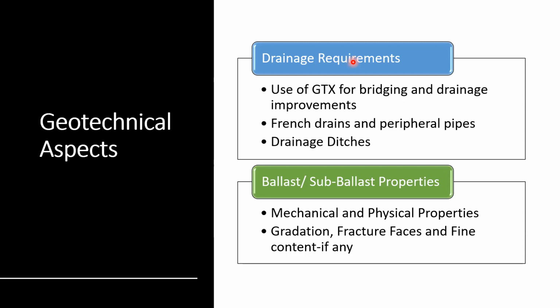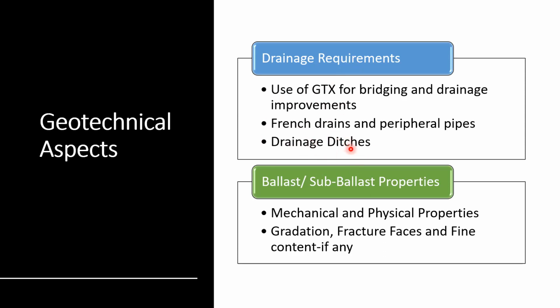Drainage ditches, and the good thing is when you're dealing with a standardized profession, like in railway engineering, for instance, they always have minimum requirements for the dimensions and the width of the drainage ditches, as well as the side slopes to ensure a good surface and subsurface drainage.